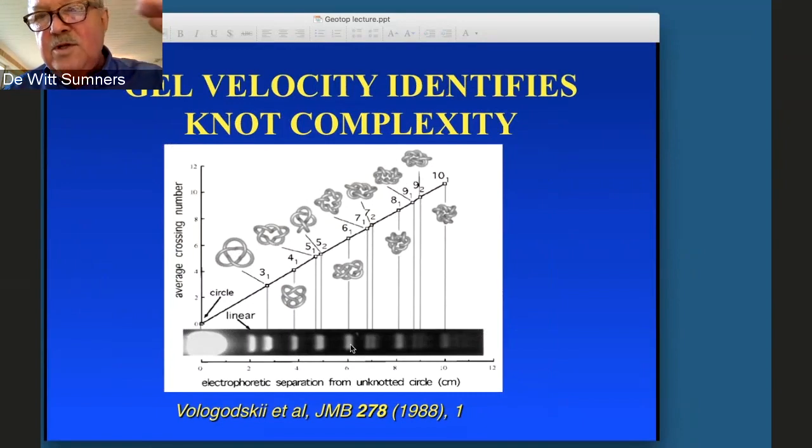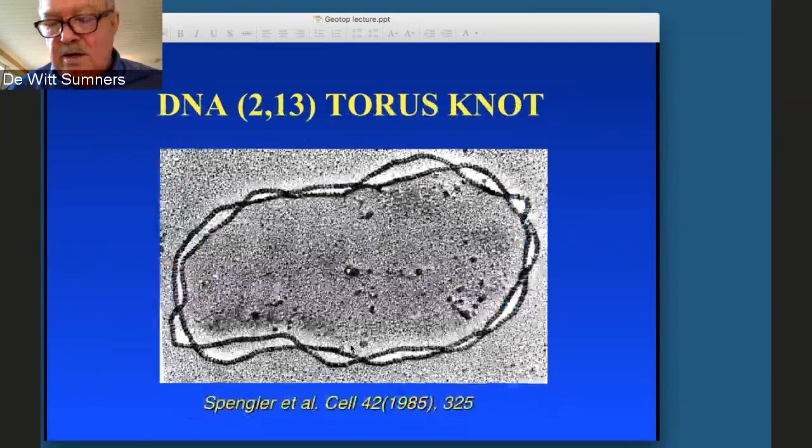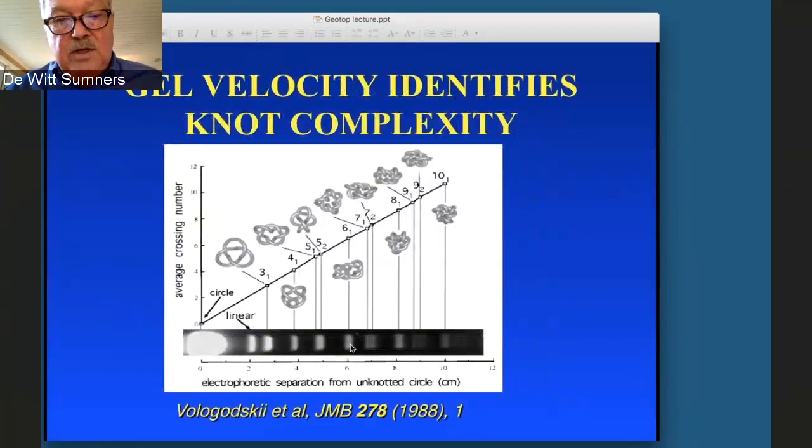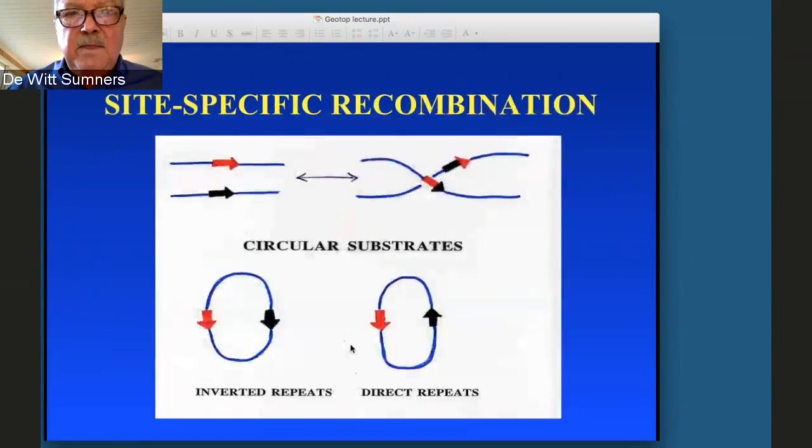And if you have a reference gel where you know the knot type, you can then argue about the topological type of things that you can't see, without actually taking the electron micrograph. Because to do this electron micrograph is a lot of work. It takes a lot of product, and it's hard to do. So the gel is much easier to do, and it's a very, very useful technique.